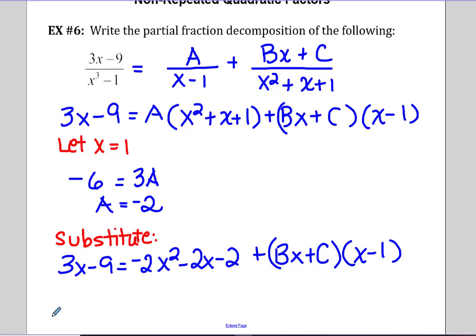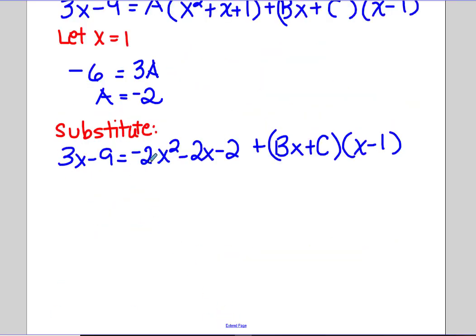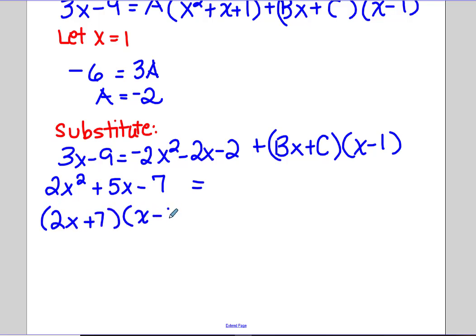So I'm going to leave those there a minute and clean this up. Let's see, we've got 2x squared, we'll take all the terms over to the left. 2x squared plus 5x minus 7, I think that's going to factor 2x plus 7 times x minus 1. Oh, how convenient is that?